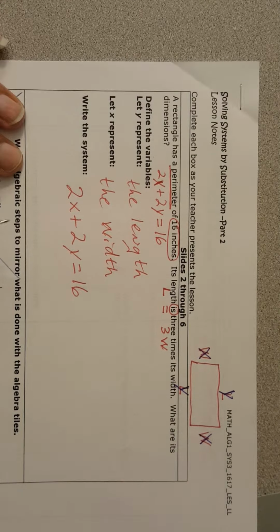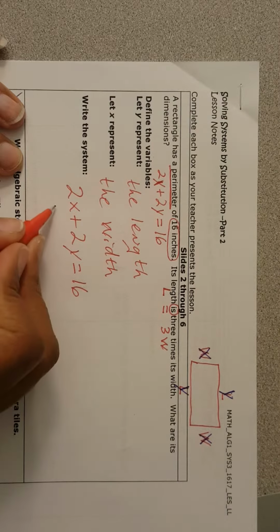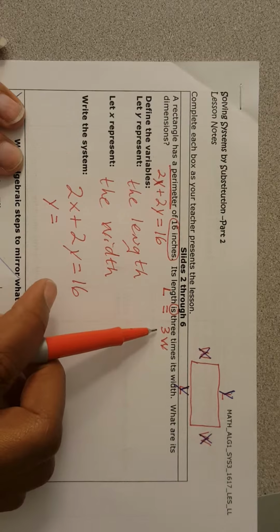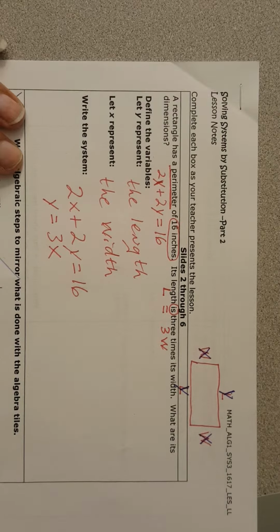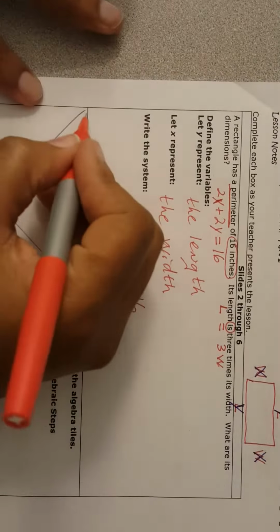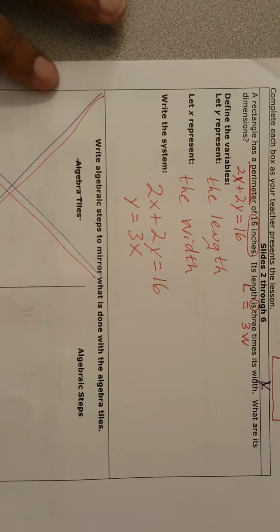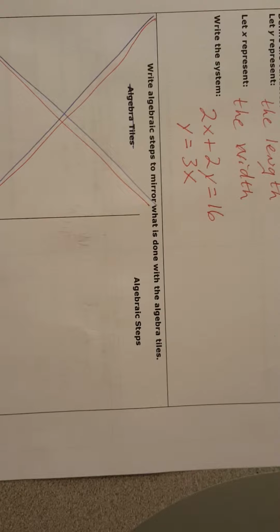But for our purposes today, remember length is y, so y equals width is x, so 3x. We now have our system. We are not going to be doing algebra tiles, so you can cross out that section. But we will solve this algebraically just like we did on Friday.